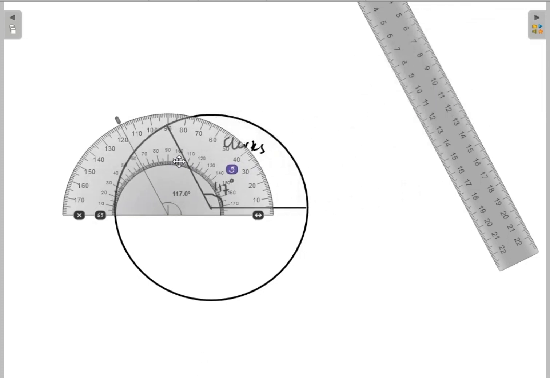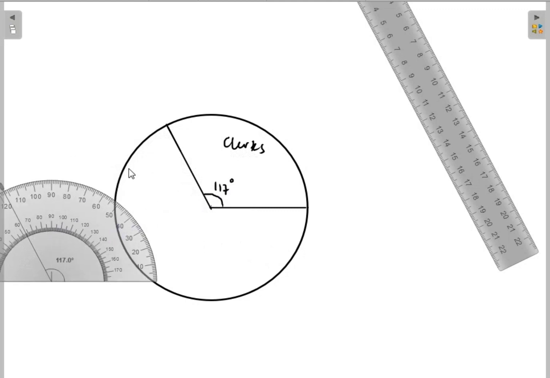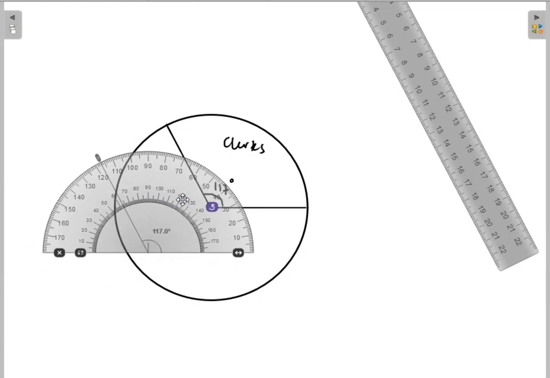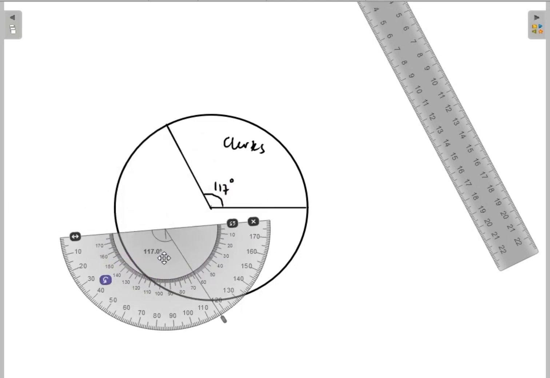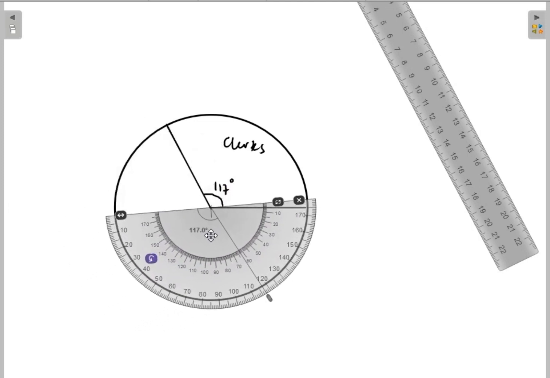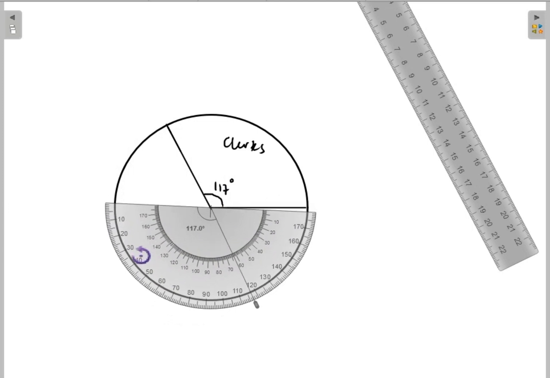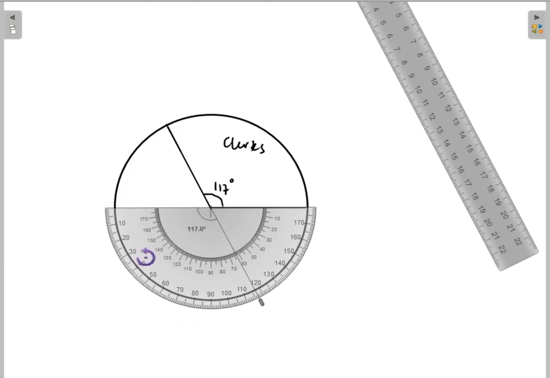So we use our protractor again. We should use this line, and let's move in the clockwise direction. We'll put this here. Let's ensure it coincides with the center mark on the protractor and with this other line.